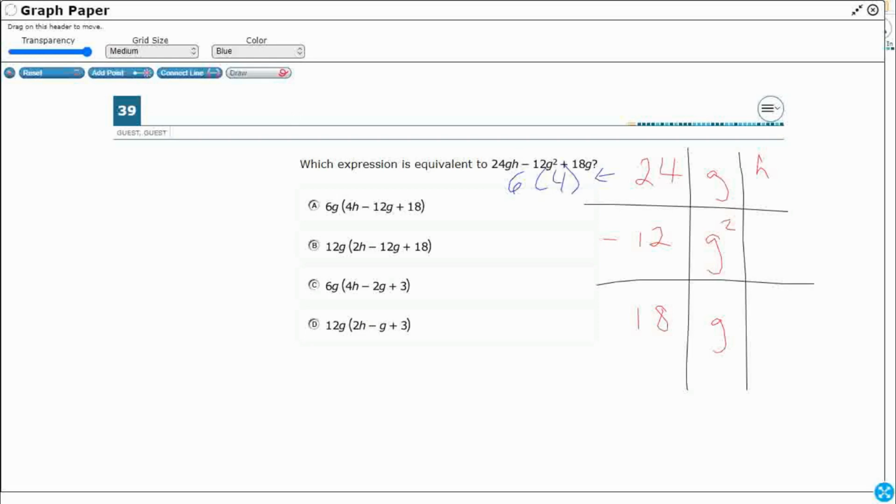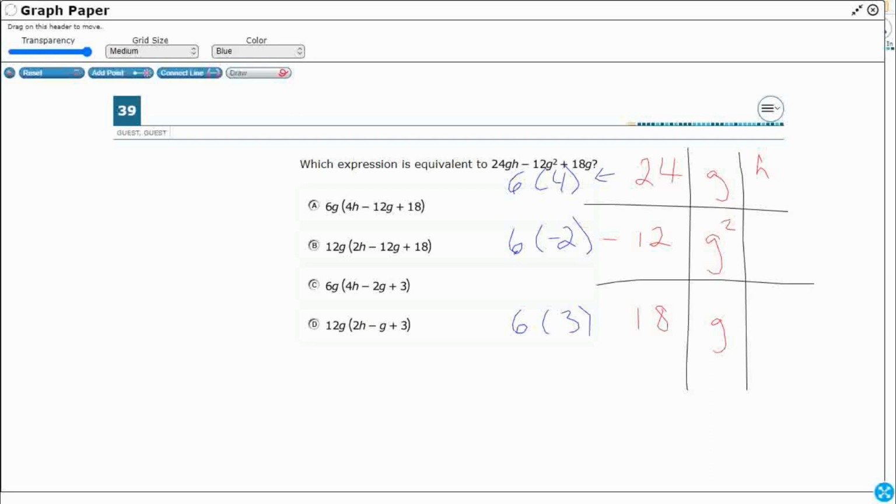This negative 12 would be 6 times, and to keep it negative, I make that a negative 2. And then that 18, I could make it 6 times 3. So I'm just visually looking at these three coefficients, trying to find the biggest factor I can divide into all of them, and 6 is it. So I do have one common factor right now. That's 6. I can pull that 6 out of everything.